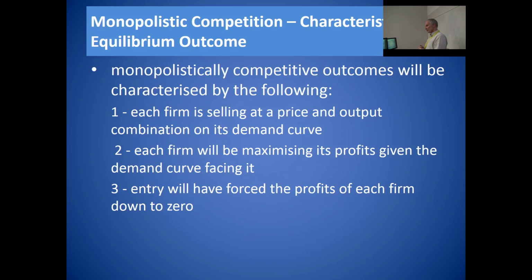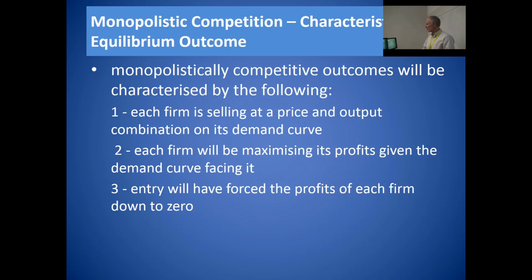The third point, though, we said we're looking at monopolists competing against each other. But the third aspect of the equilibrium in monopolistic competition is that the entry of new firms into the market will have forced the profits of each firm down to zero.